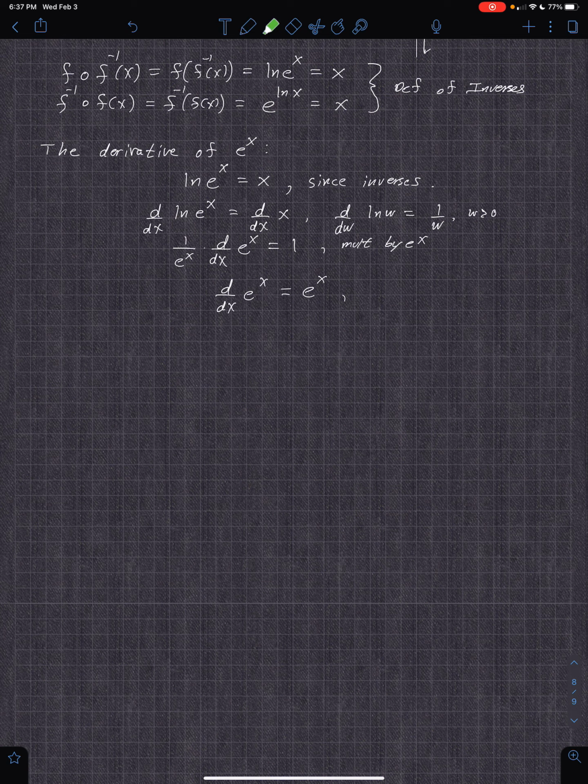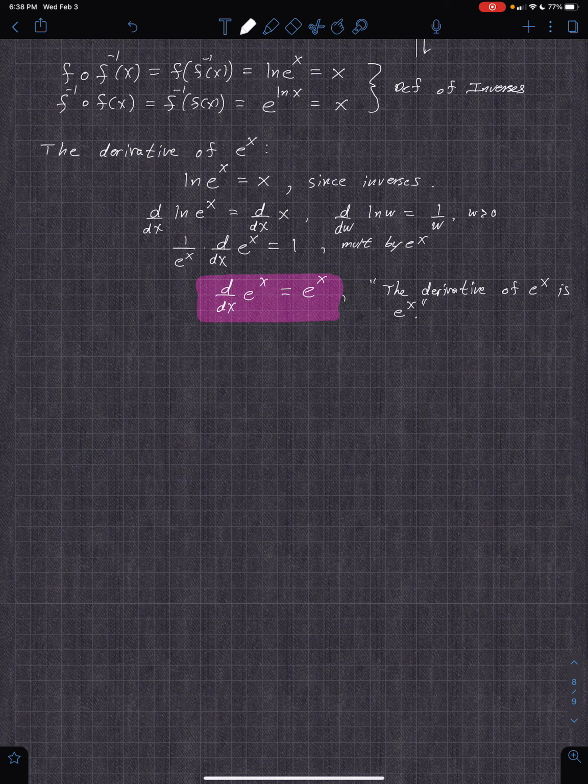You need to know that forever. So it's the only function whose derivative is itself. The derivative of e to the x is e to the x.